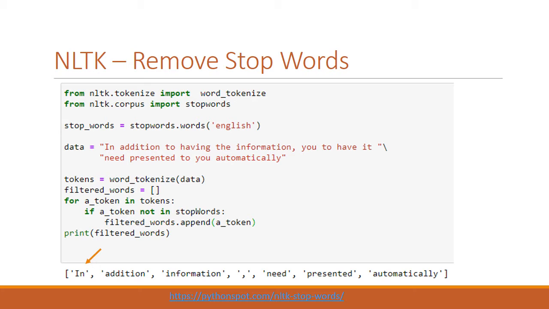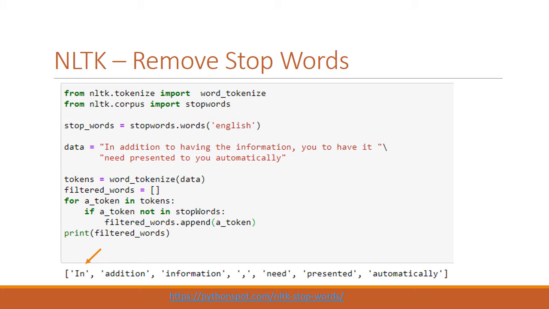What we want to do now is take our tokens and eliminate all the stop words from the tokens. So we're going to initialize a list called filtered words to the empty list. Then we're going to look at every token in our list of tokens, and if that token is not a stop word, we're going to add it to our filtered words.